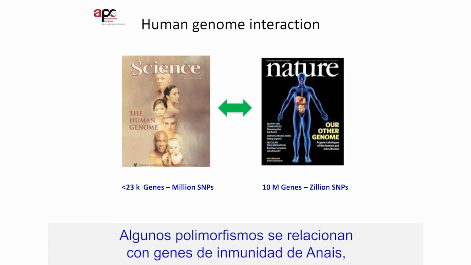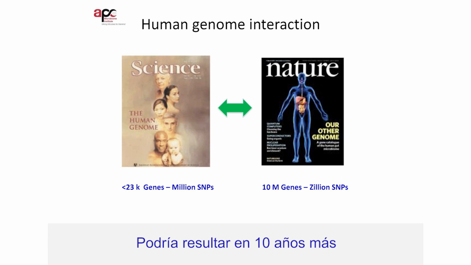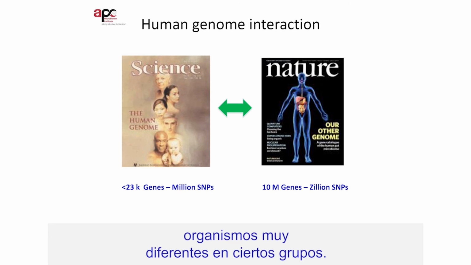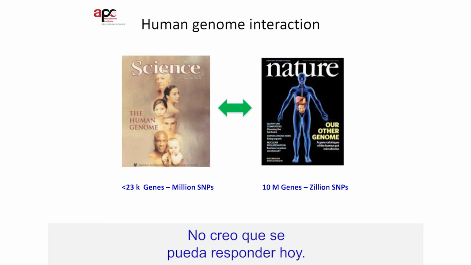Some of the polymorphisms are to do with innate immunity genes, which regulate how you control your microbiota. So it may transpire in 10 years' time that it's not possible to introduce very different organisms into particular groups. That's why I think it would be fascinating to know what is the typical Mexican gut microbiota. I don't think that question can be answered today.